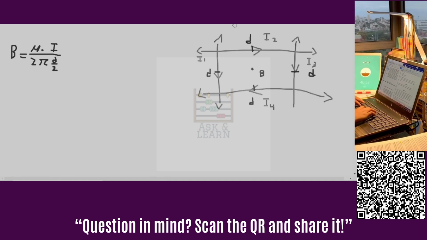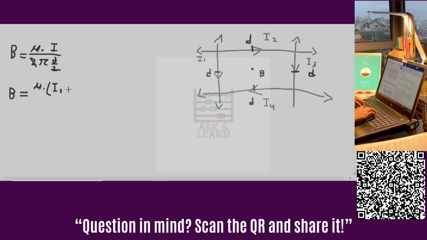So what happens here is this magnetic field has contributions from all 4 wires. Also, one thing we can notice as we rewrite this equation is that this 1/2 for the d will cancel with the 2 from the 2 pi. So if B stays the same and the distance stays the same, the only other changing variable we have is the current. So all 4 currents will play a factor here.